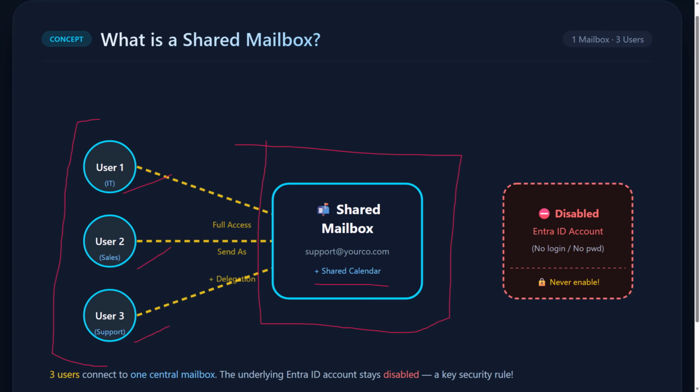Maybe they are not present, they are out of office, and that needs to be taken care of immediately. So if all the team members are accessing the shared mailbox, anybody can see the mail and take appropriate action, reply to the email.